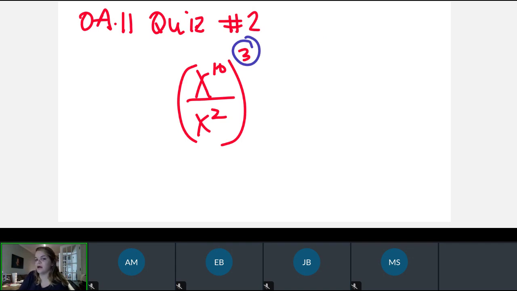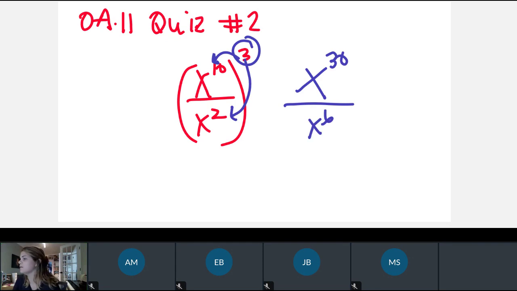So because this entire X to the 10th divided by X squared is raised to the 3rd, the X to the 10th is going to be raised to the 3rd, and so is X squared. So you would get X to the 30th over X to the 6th. Good question.